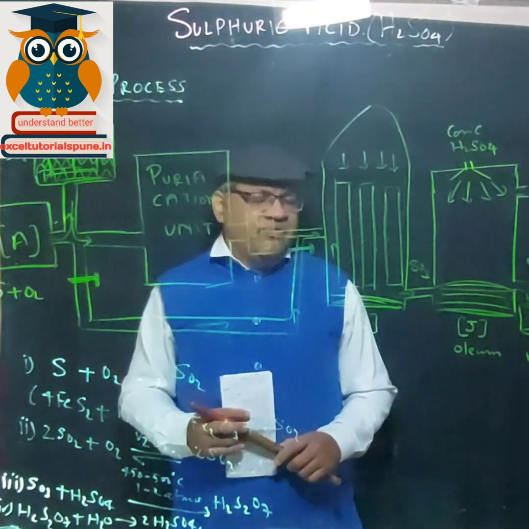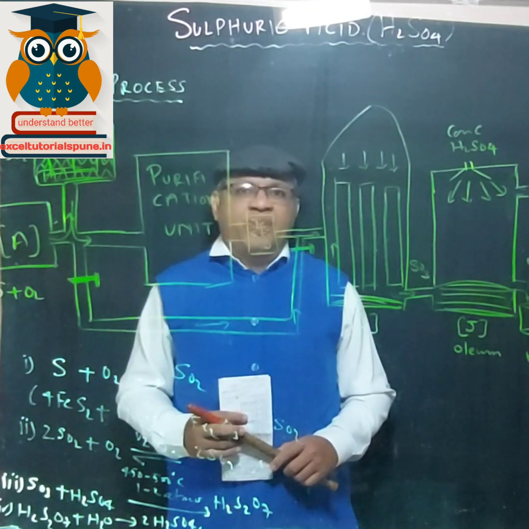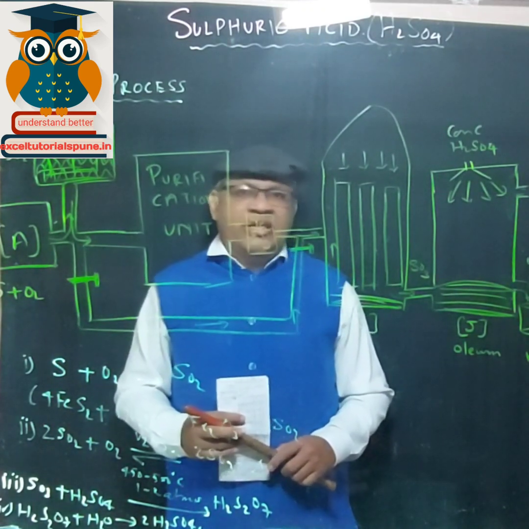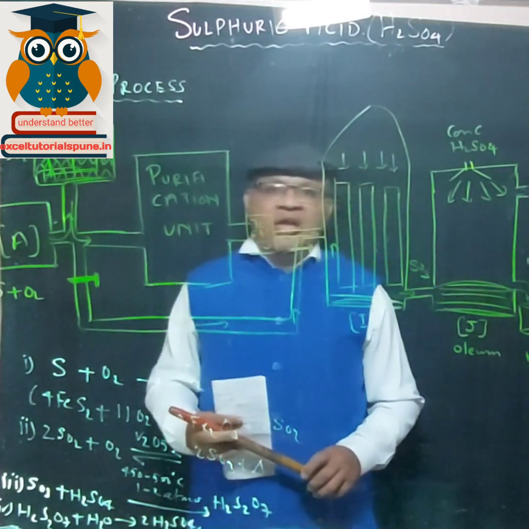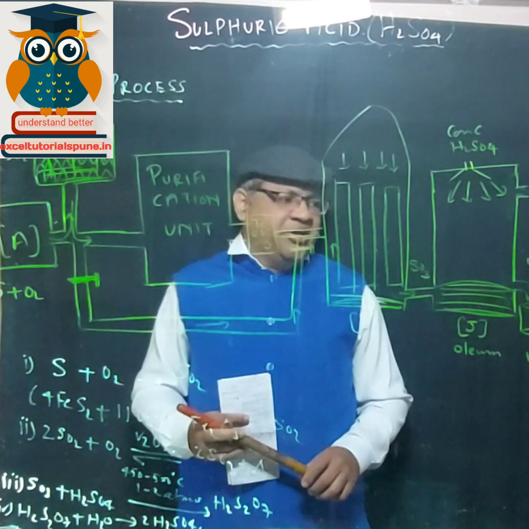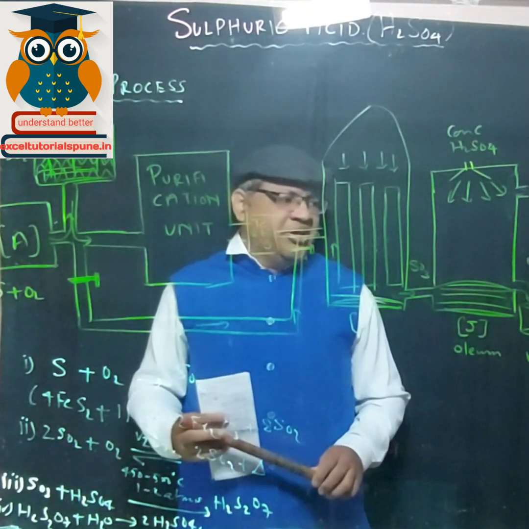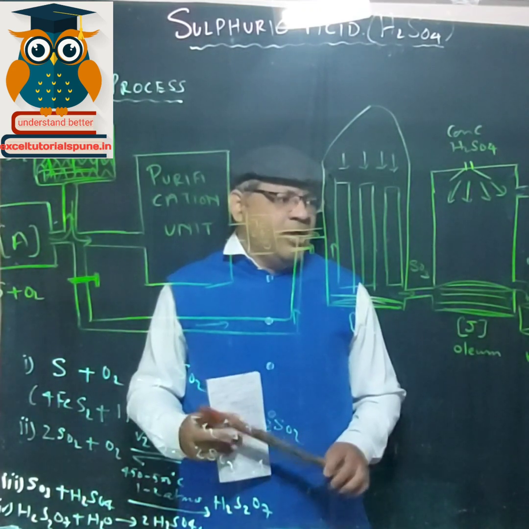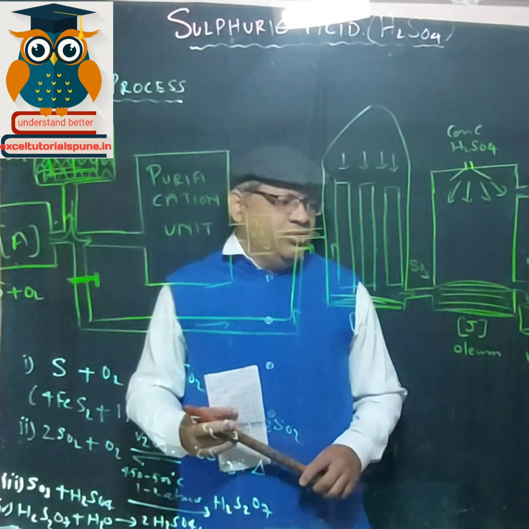Both water and sulfuric acid evaporate at 338 degrees Celsius because they form a constant boiling mixture. I guess you must have studied constant boiling mixture in HCl and nitric acid. So both evaporate at 338 degrees Celsius, since the boiling point of sulfuric acid is 338 degrees Celsius.